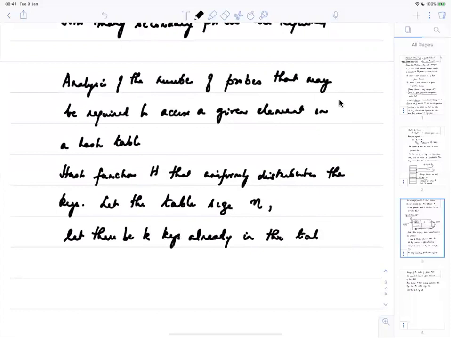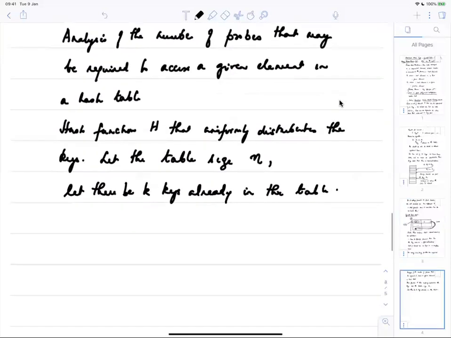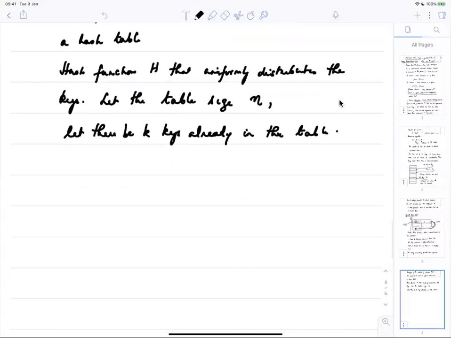Okay. Now we assume all keys are equally likely.